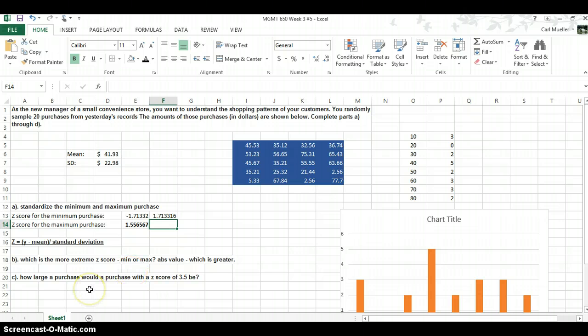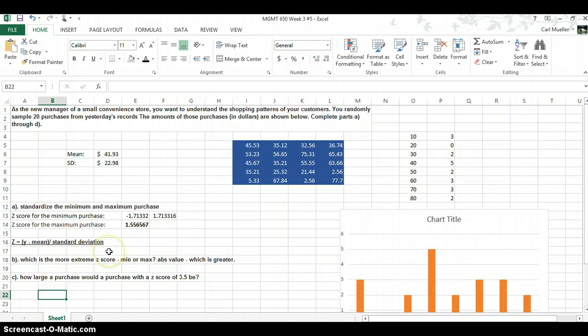Last question: how large is a purchase with a z-score of 3.5? This takes a little reverse engineering. We're already given z in this equation, and now we have to figure out y. We know the mean, or y bar, and we know the standard deviation.